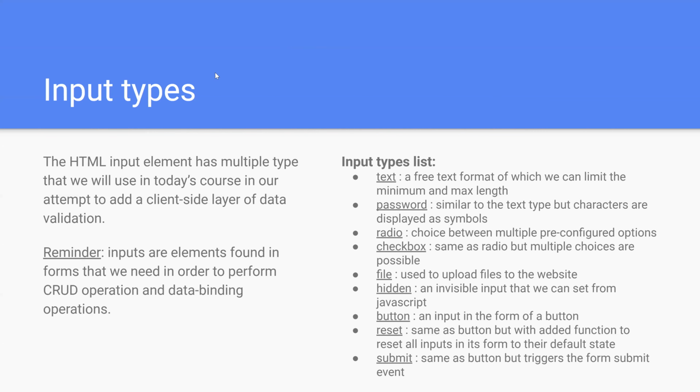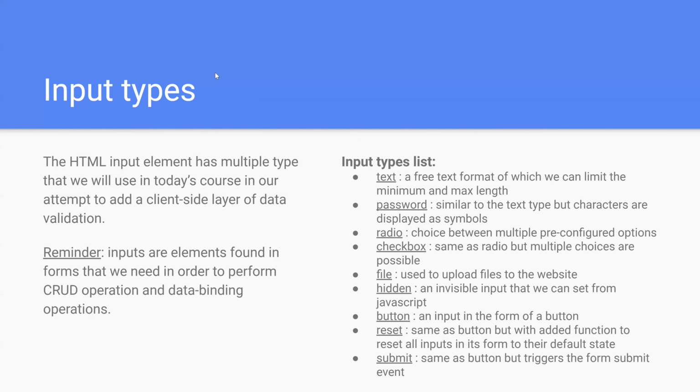Mainly, we can validate it through limiting its minimal and maximal length. We also have the password type, which is exactly the same as the text, but what you will be writing will be hidden and displayed as symbols, so that if anyone sitting next to us is looking at our screen, they will not be able to see what you're writing in the password, basically.